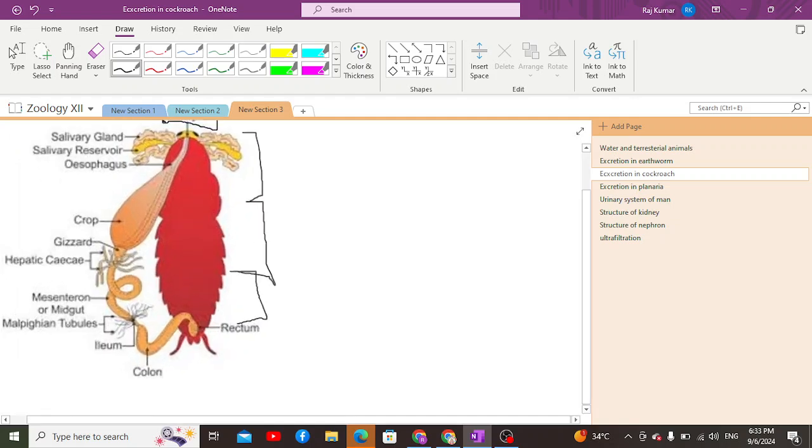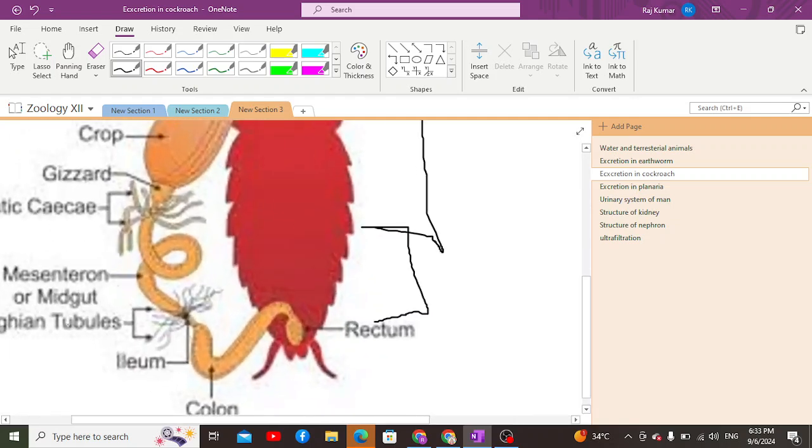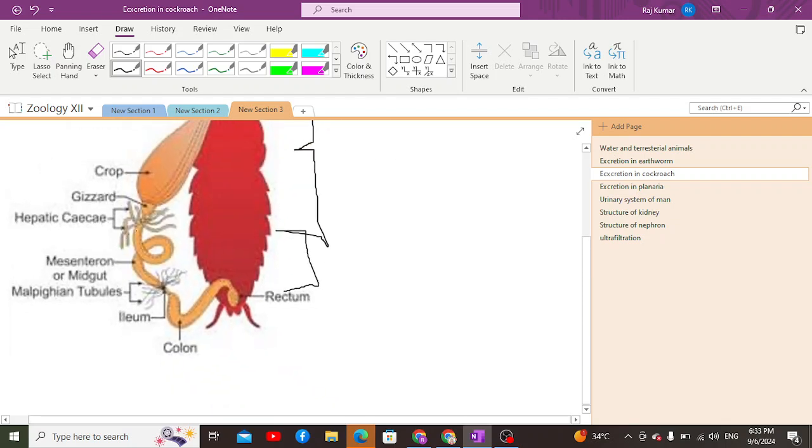So what actually happens is that the food comes from the hepatic caeca to the mesenteron or midgut, and from the mesenteron it passes through a region known as the ileum. That ileum is surrounded by a bunch of tubules known as the Malpighian tubules.